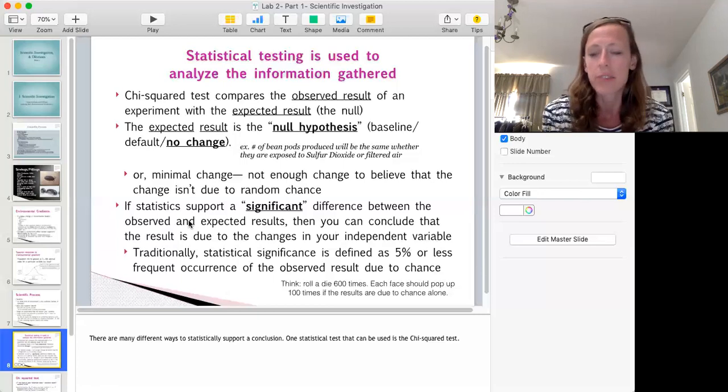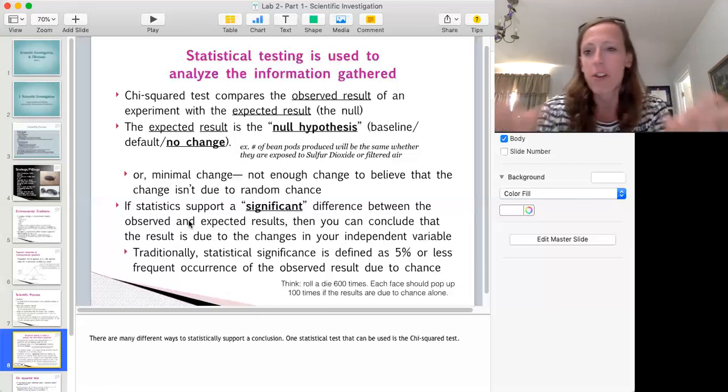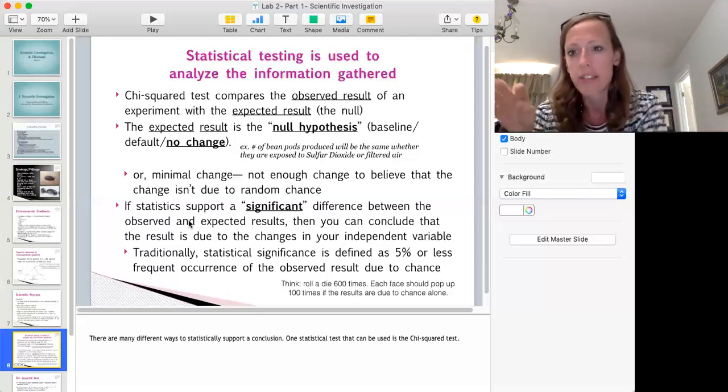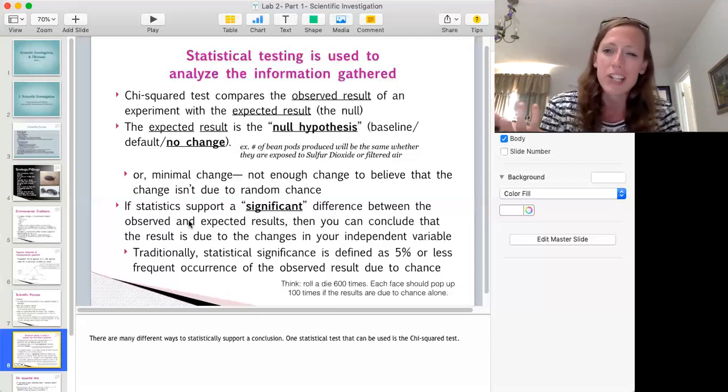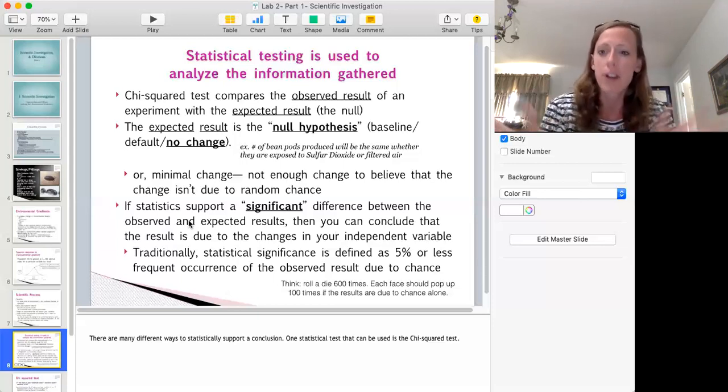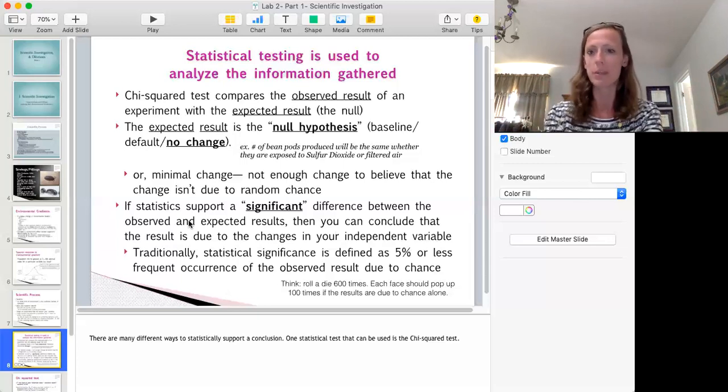So random chance, well, if you had 30 bugs total, you might get 11 in one and 9 in the other and 10 over here, but that change isn't large enough to make a conclusion. It could be due to chance, right? So we have to set aside a little bit of room for error, that, look, some of this change that we see could mean nothing, right?